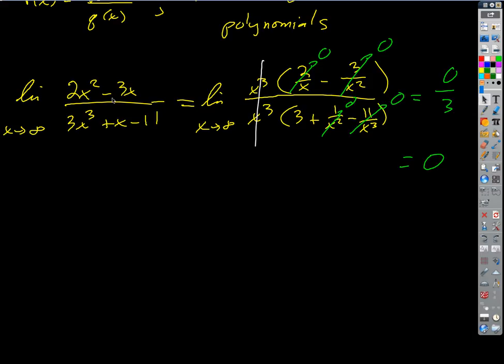So even though the top is going to infinity, it is dwarfed by the bottom, which is getting there infinitely faster, right? Think about that video of the top growing compared to the bottom growing. They're both going to infinity, but at any frame in that movie, as x gets infinitely far out there, the bottom is growing infinitely faster, and so that's going to push this ratio to 0, right?